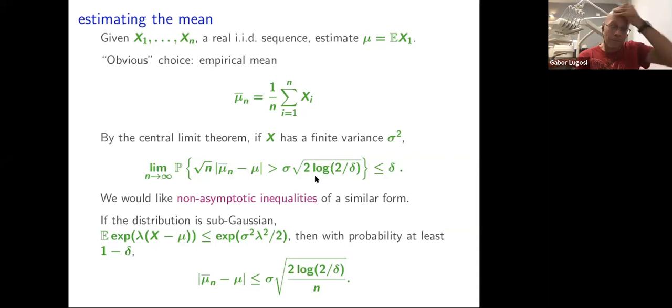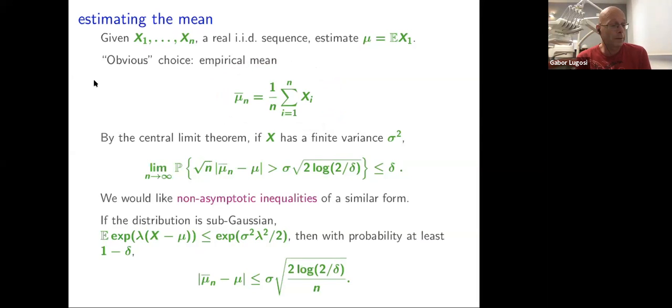Of course anybody can say that if you want to estimate the mean, then we just take the empirical average, and that's going to be the best estimator. And in a sense, this is true. In the old days of statistics, how do you measure the quality of an estimator?